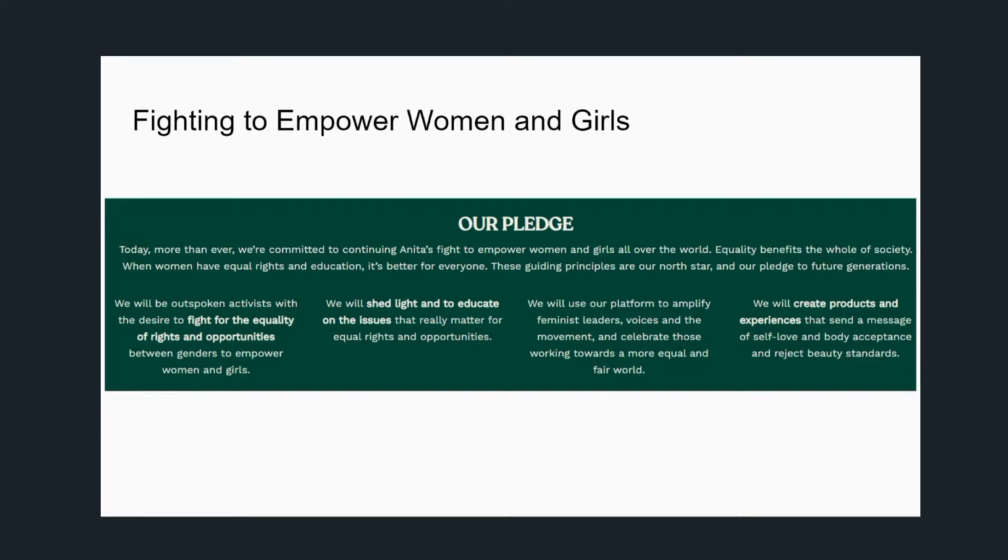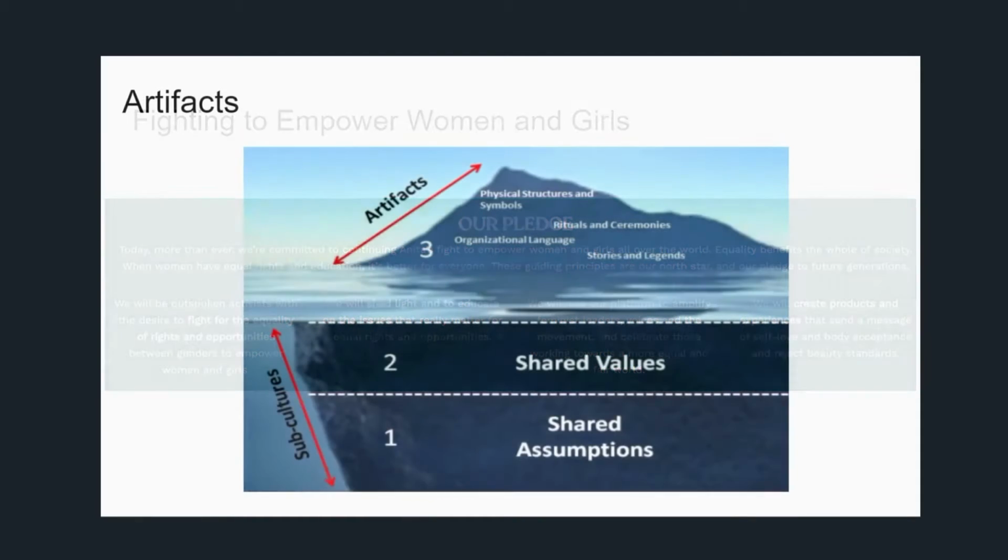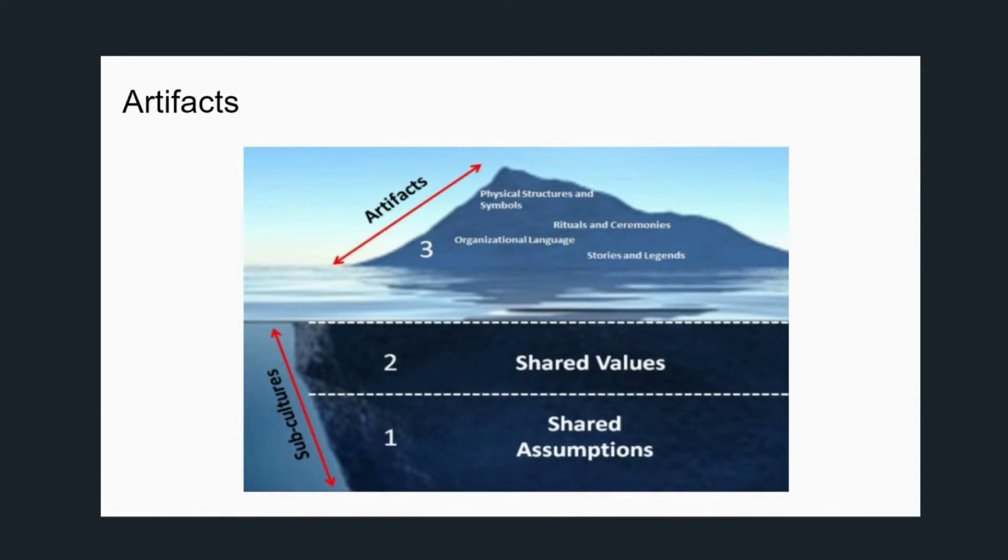This value has also led to a history of campaigning for equality. From these values, you will begin to see the artifacts of the organization peek above the water. Some may be more visible than others. To talk more about artifacts, I will pass it over to May.